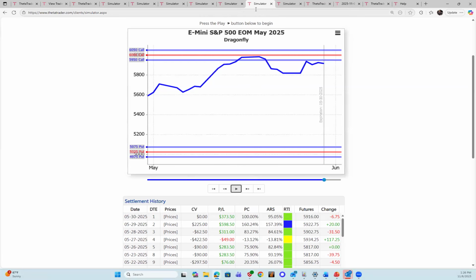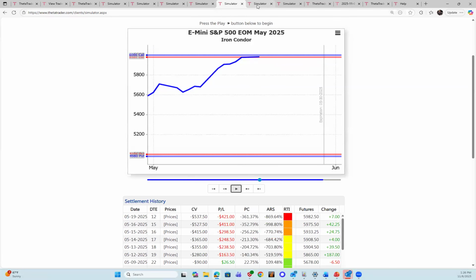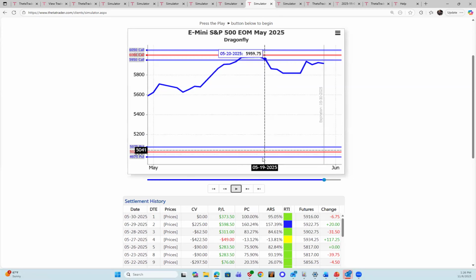So you end up with a losing trade as a condor, but had you placed the dragonfly instead, you'd actually end up with a nice winner. So not to say dragonfly can't ever lose, because it certainly can, but it is more robust than a condor, but you do give up some profit potential for that. So it's a bit of a trade-off.